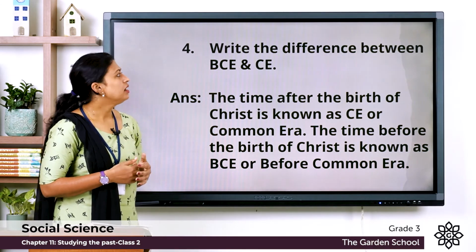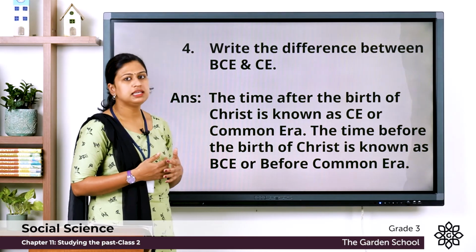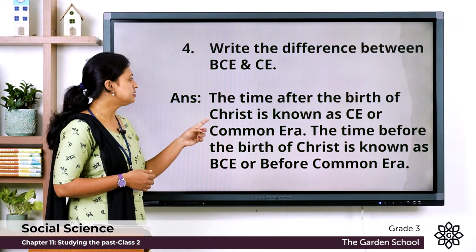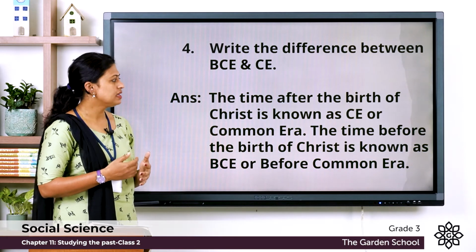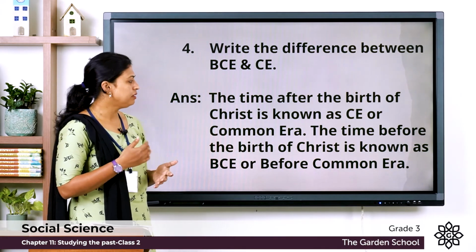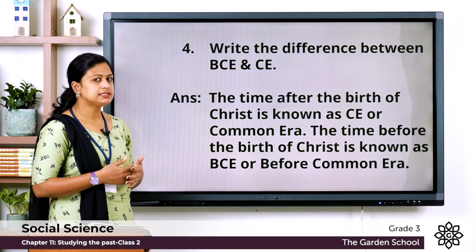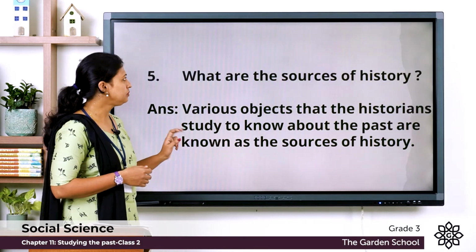Fourth question, write the difference between BCE and CE. So the answer is, the time after the birth of Christ is known as CE or Common Era, and the time before the birth of Christ is known as BCE or Before Common Era.